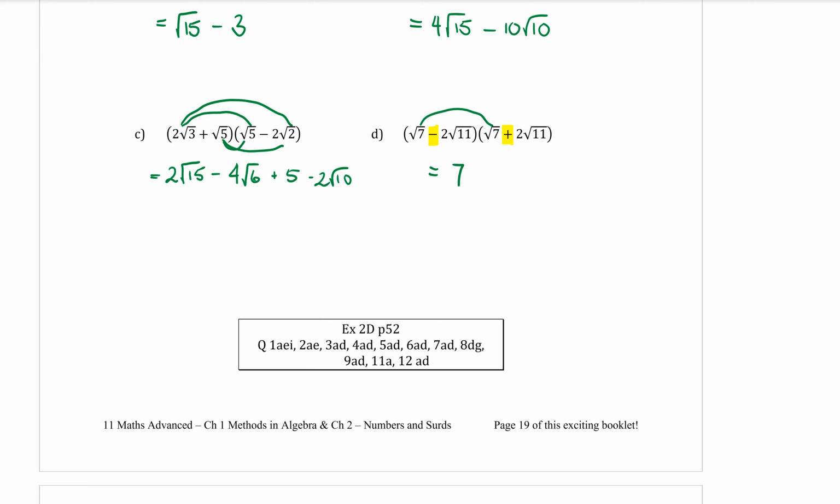And the last one times the last one, which means minus 2 times a plus 2 is minus 4. Root 11 times root 11 is a normal 11. So it's 7 minus 44, which is minus 37. Okay, and that's it.